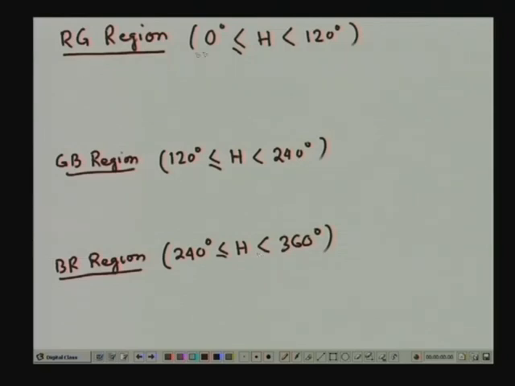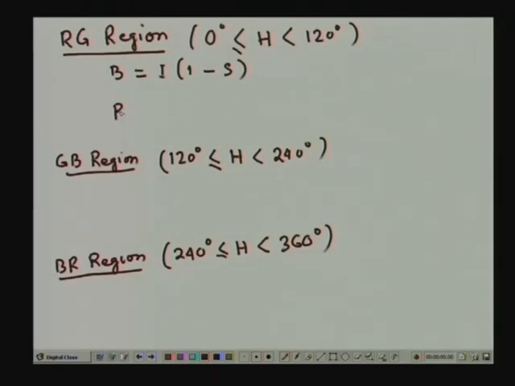And here in the RG region you find that getting red, green and blue components is very easy. What we do is simply the blue component is given by I into 1 minus S, where I is the intensity and S is the saturation.